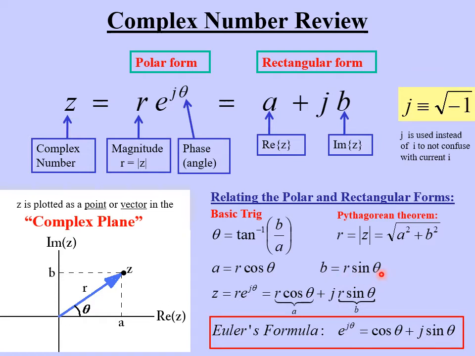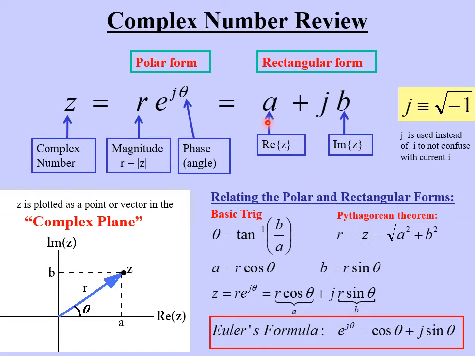Now we can do something that's actually quite profound here. If we notice that z, our complex number in polar form, is given by r times e to the j theta, and we said that's equal to a plus jb, where a is r cosine theta and b is r sine theta.